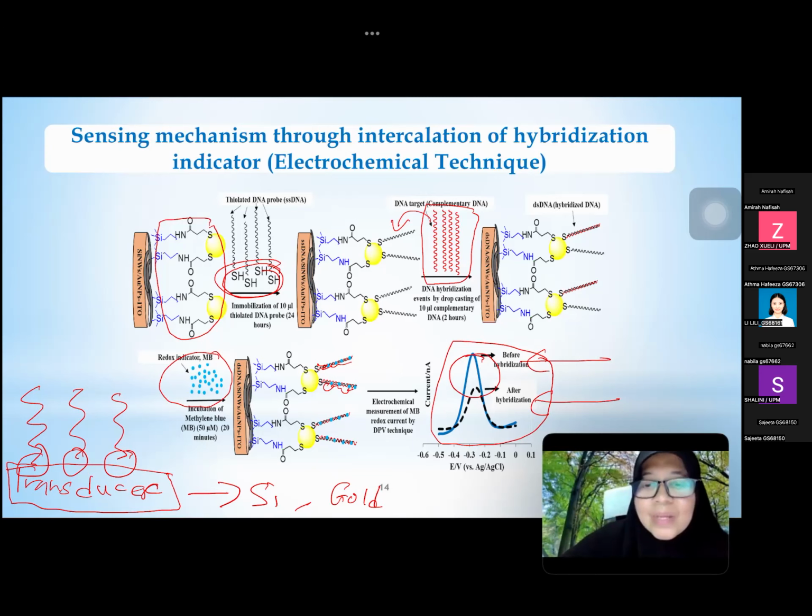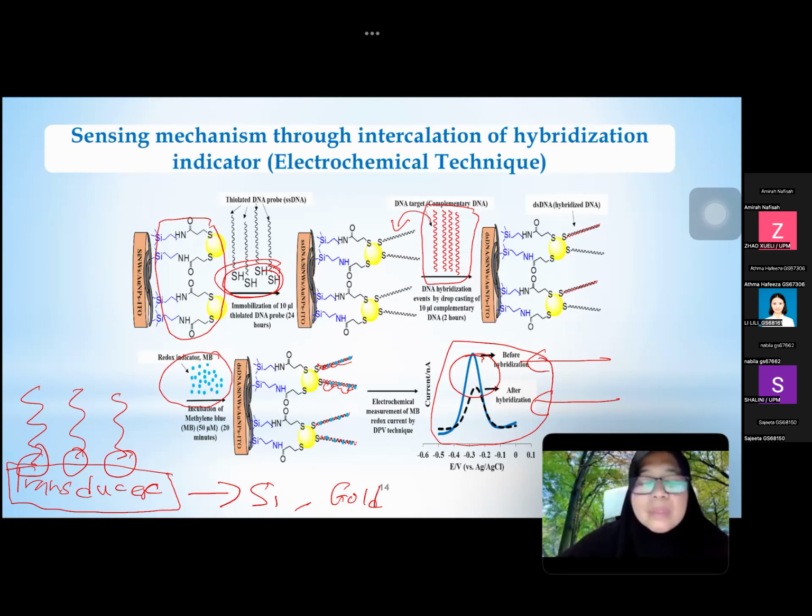One thing is yes or no: you want to know whether you are positive for tuberculosis or not. The other one is based on how much. It can also indicate, for example, if you have dengue, there are other variants. There are 4 serotypes of dengue.